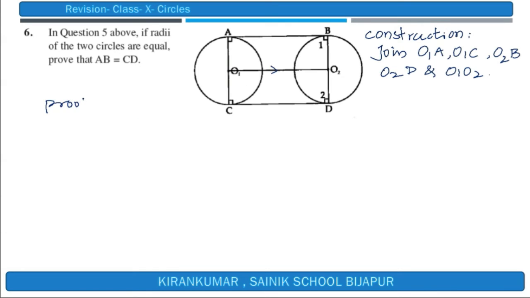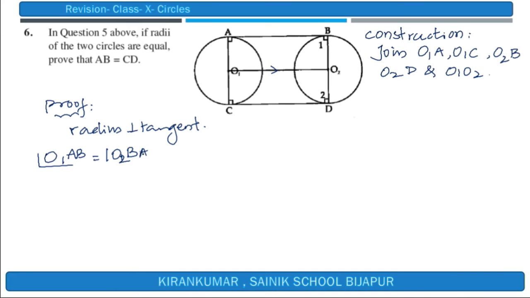Let's prove. Since the tangent at any point to the circle is perpendicular to the radius, we have angle O1AB equal to angle O2BA. This is equal to 90 degrees.